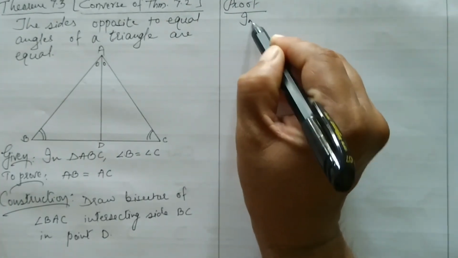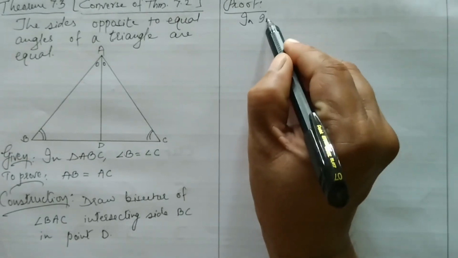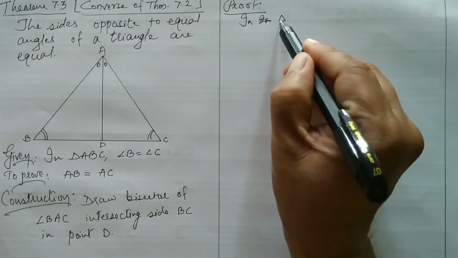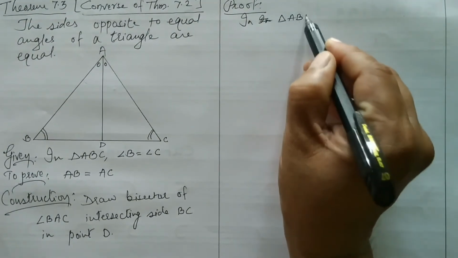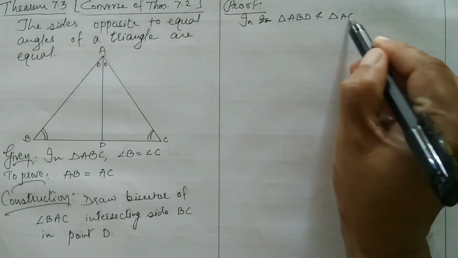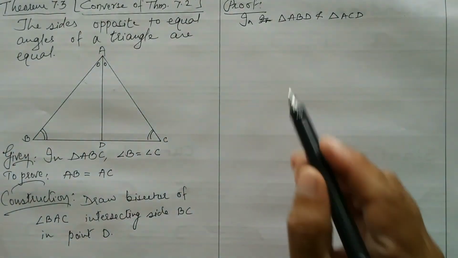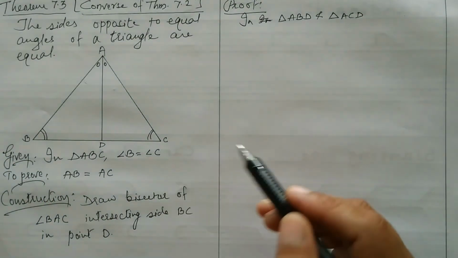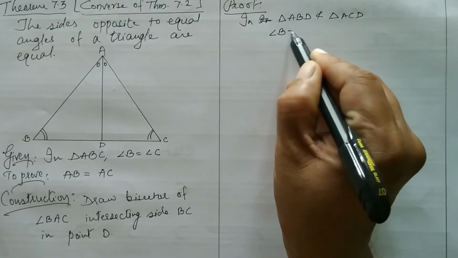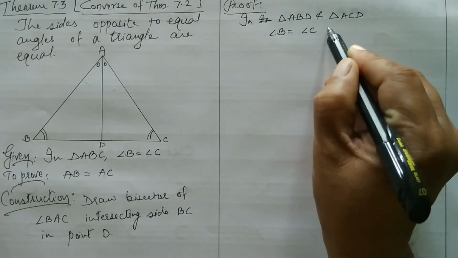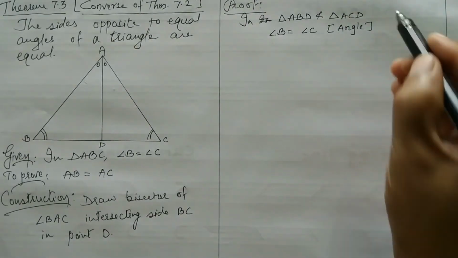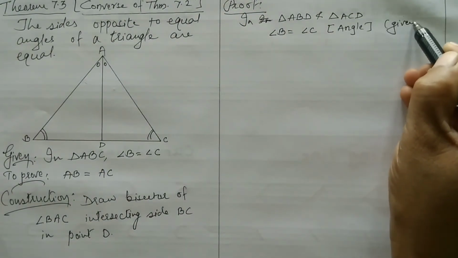So in triangle ABD and triangle ACD, angle B is equal to angle C, and the reason is that it is given to you.